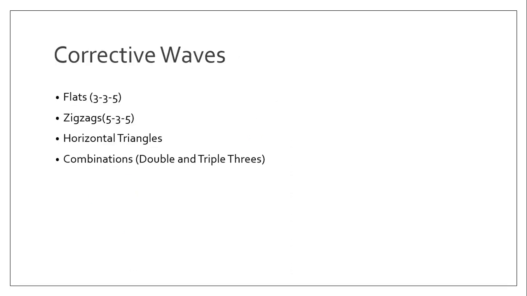We're also going to learn about corrective waves, another type of wave mode. So under corrective waves, we have flats, zigzags, horizontal triangles, combinations. Under these flats, zigzags, horizontal triangles, combinations, we also have different types.